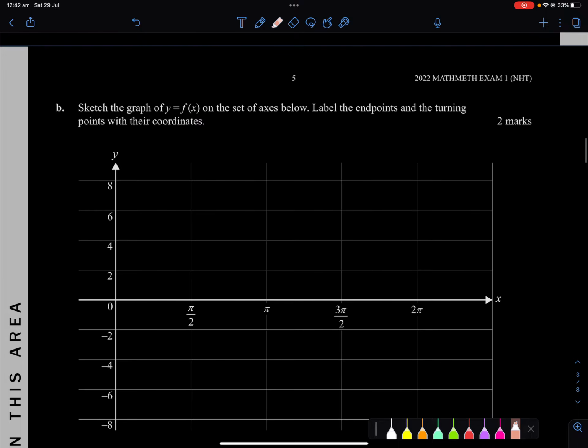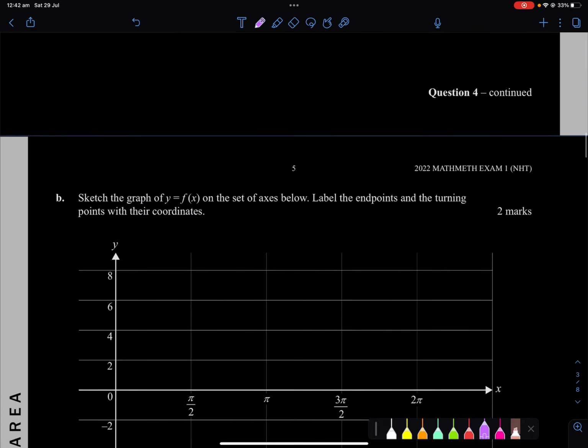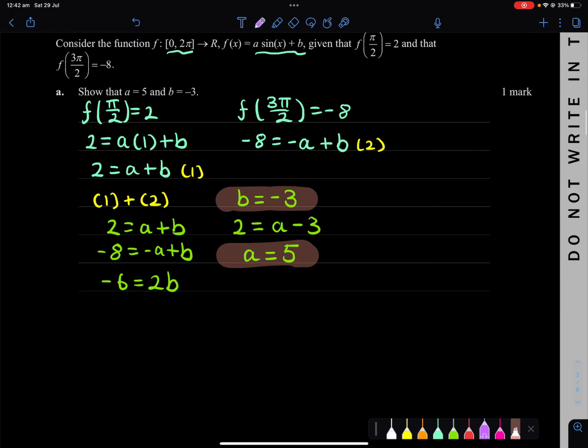Okay, sketch the following f of x on the set of axes below, labeling the endpoints and the turning points with their coordinates. To do this, I'm going to rewrite the function: f of x equals 5 sine x minus 3.